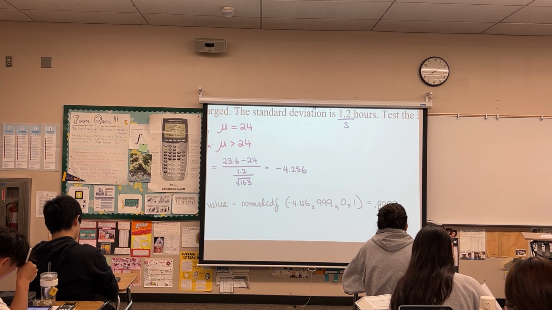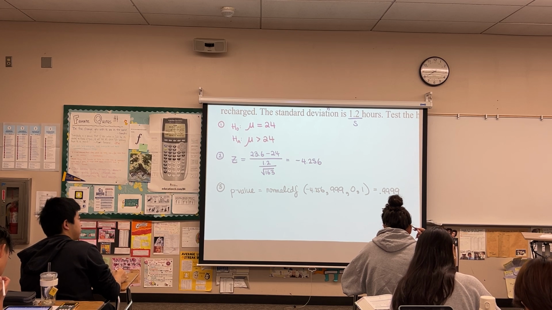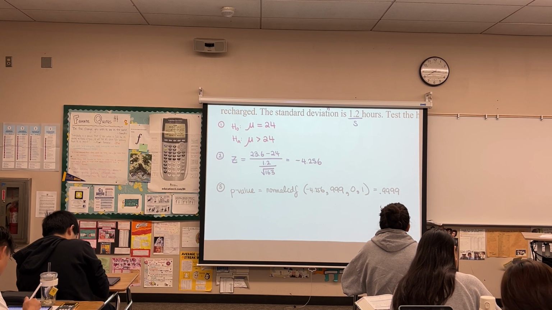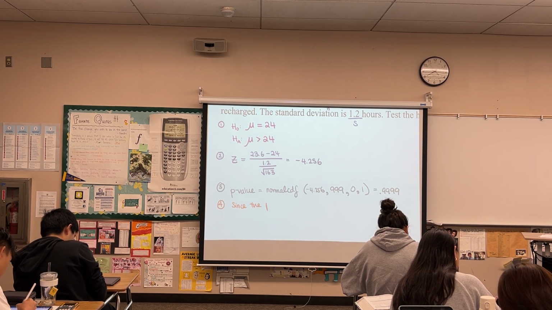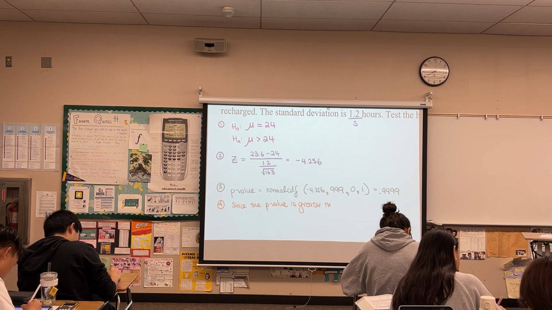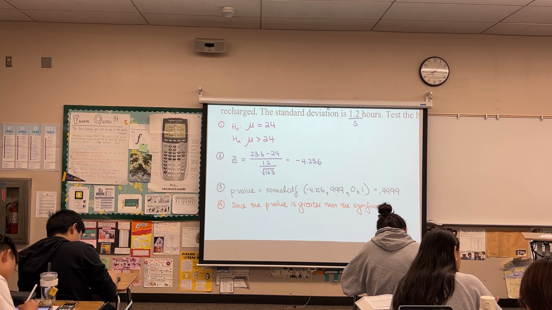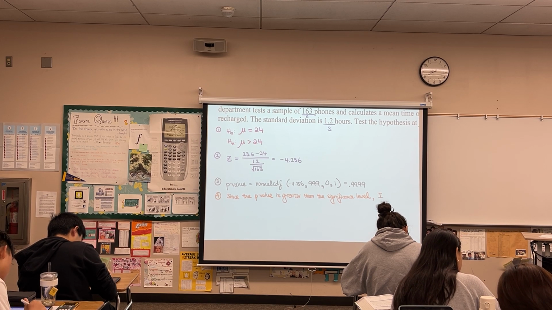So because of that p-value, are we going to reject or fail to reject? Fail to reject for sure. So that is step 4. In words, since the p-value is greater than the significance level, I fail to reject.